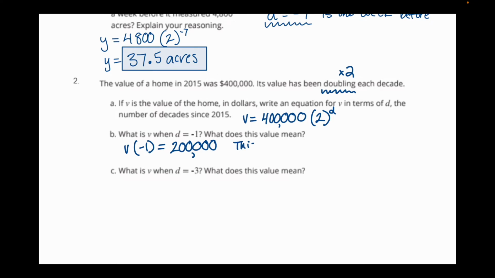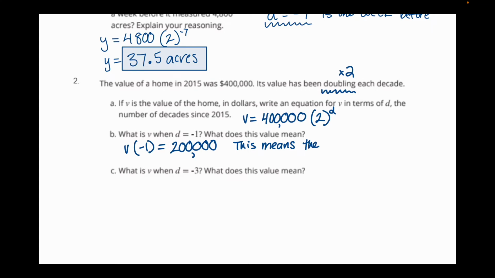This means the value of the home 1 decade prior to 2015, so you can say the value of the home 1 decade before, or you can say the value of the home in 2005.